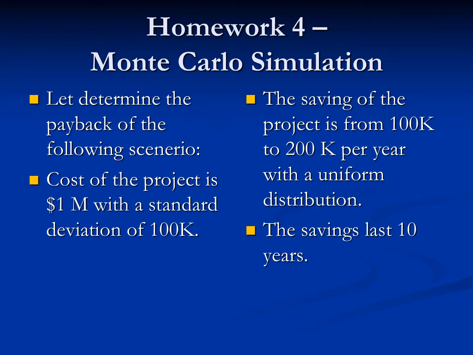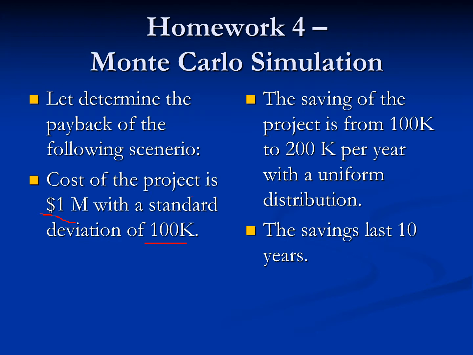So let's try to implement this homework. And we want to determine the payback of the following scenarios. The cost of the project is $1 million with a standard deviation of $100,000. So in order to do this project, we have to pay $1 million, and there's some variability with a $100,000 standard deviation.